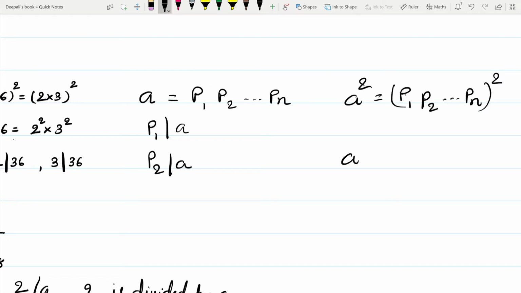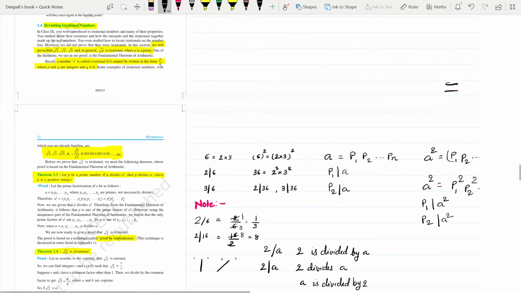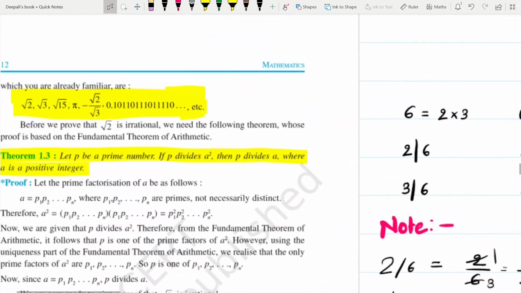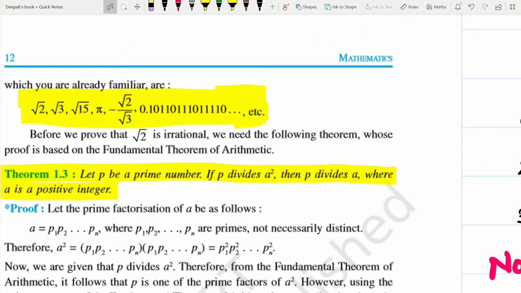That is, a squared is equal to p1 squared, p2 squared till pn squared. This means that p is a factor of a squared. So p1 will divide a squared and p2 will divide a squared. So our statement is easily understood: let p be a prime number, if p divides a squared, then p divides a, where a is a positive integer.